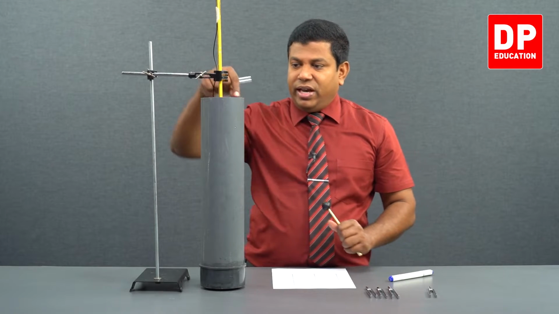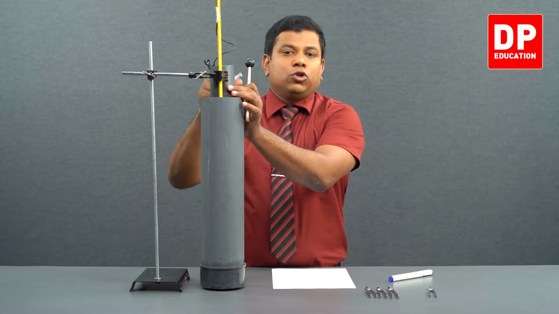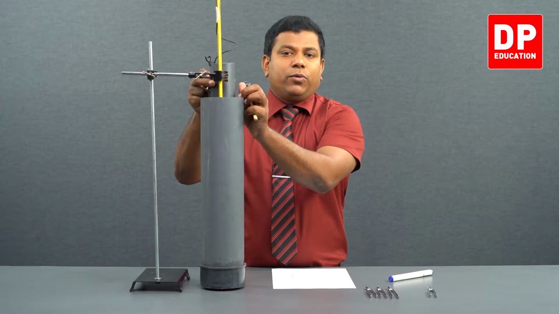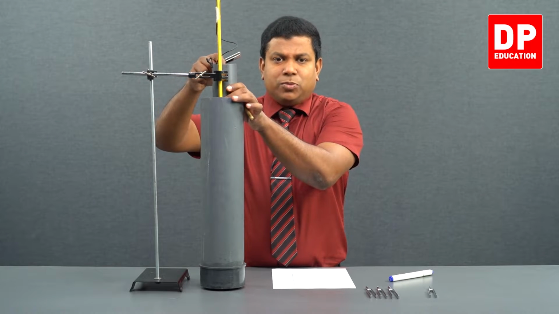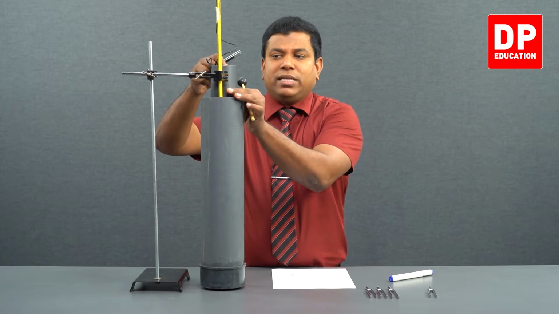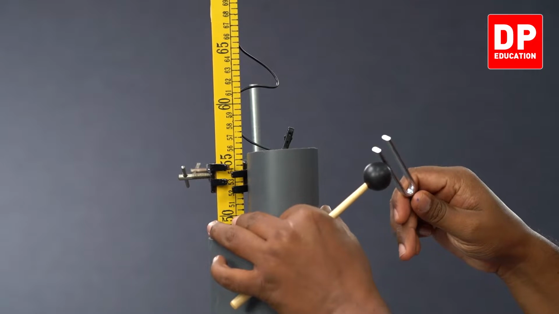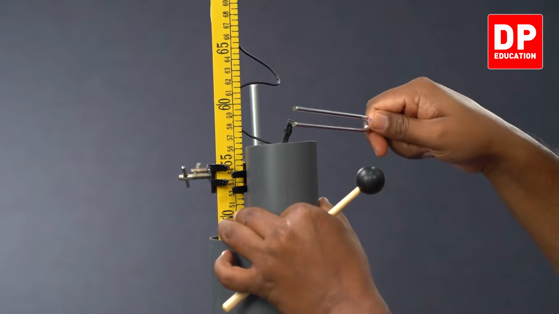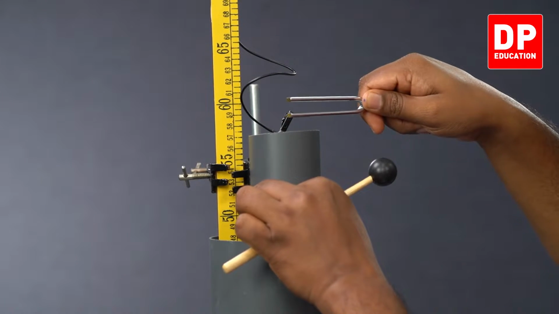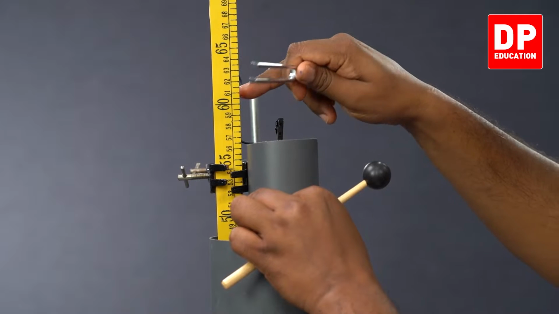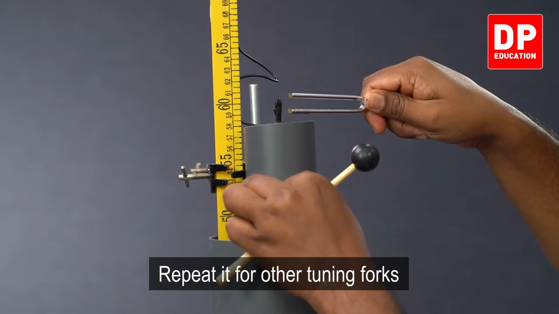Now, we got the resonance for the first one at 56.5. So, surely when I use a lower frequency, the length has to be higher. So, I can start from 56.5 when I do it for the second frequency. Can you see?